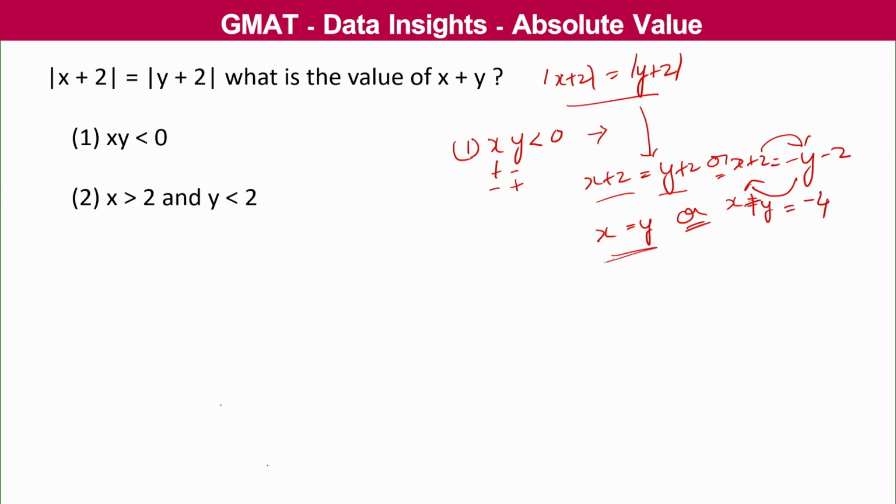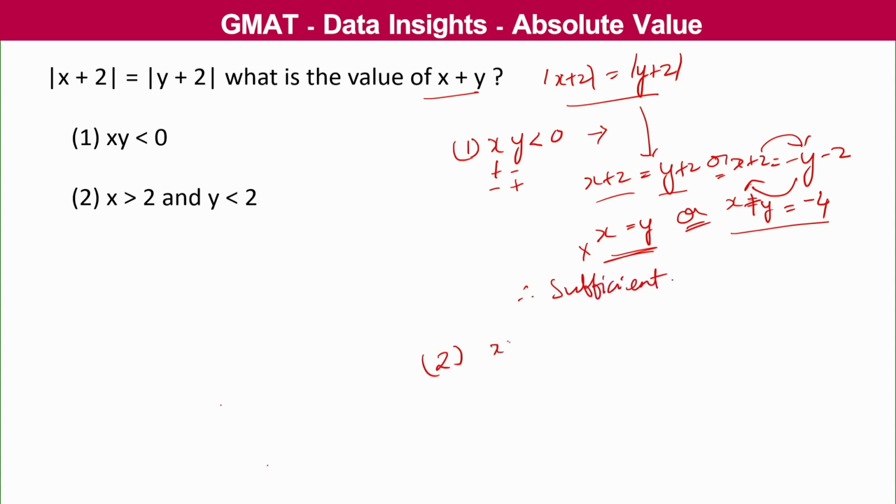So x cannot be equal to y, because from the first statement, xy, the product is less than 0, so one should be positive and one should be negative. So this is not possible. Hence we can say that x plus y is equal to minus 4, and we are able to answer the question, what is the value of x plus y? Therefore, statement 1 is sufficient to answer the question.